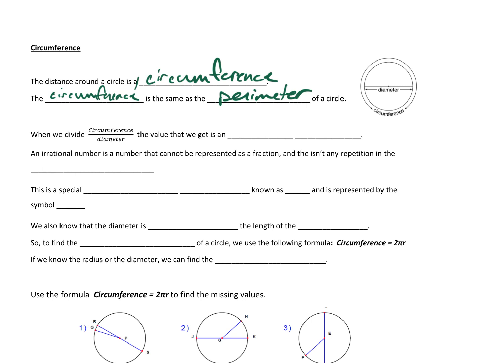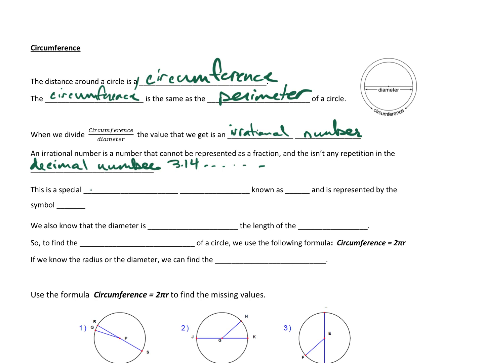When we divide circumference by the diameter, the value that we get is an irrational number. That means it's a number that can't be represented as a fraction, and there isn't any repetition in the decimal. We get a number that starts with 3.14, and it keeps going for thousands of digits.